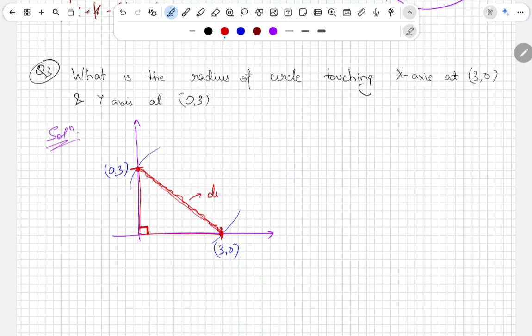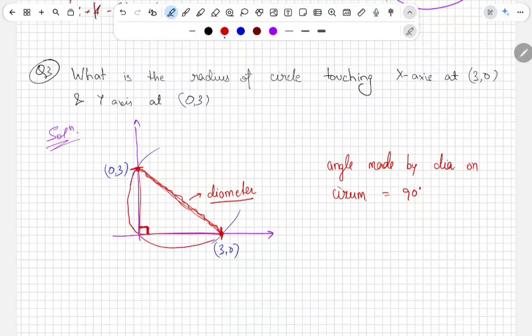That means this line is the diameter of the circle, because you have studied in class 10 that the angle made by diameter on circumference is equal to 90 degrees. So a line that makes 90 degrees is diameter, and the circle will pass through origin. So this is it. Now we have to find the radius.